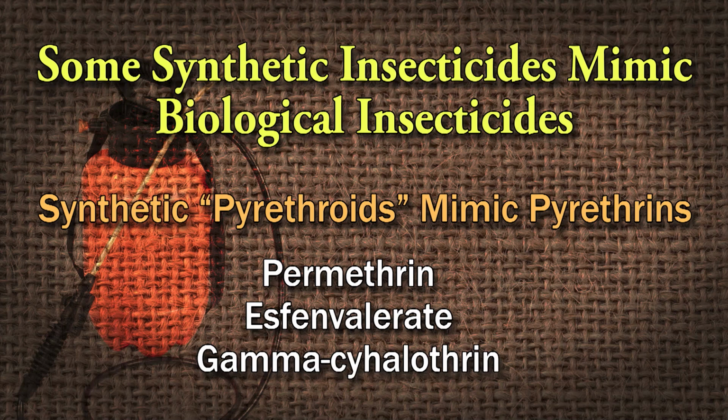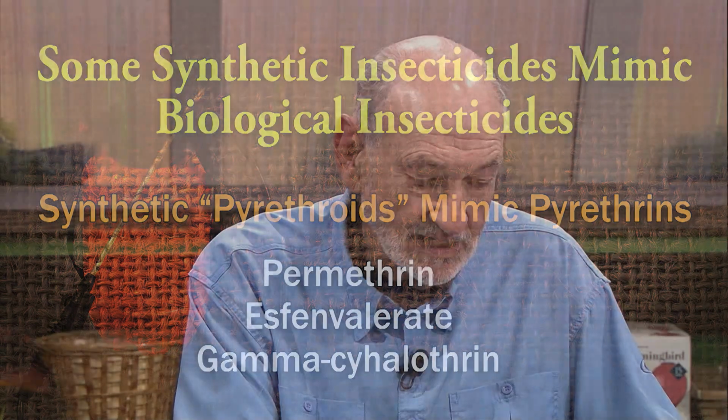Some of those synthetic pyrethroids are permethrin, esfenvalerate, and gamma-cyhalothrin. Carbaryl is very, very common and has been around a long time. Sevin, I think, is the most common trade name for carbaryl, and it works really well on insects with chewing mouth parts, like caterpillars and things like that.